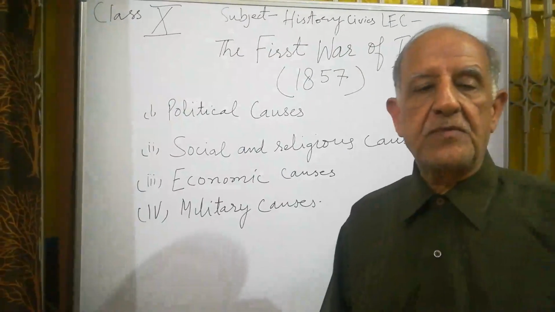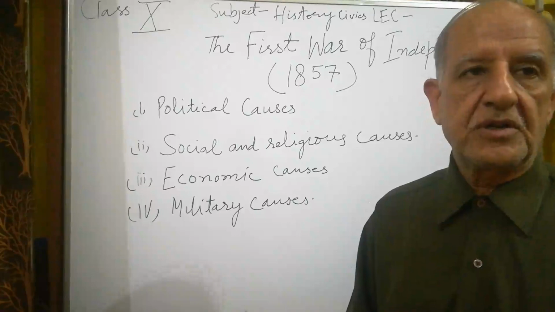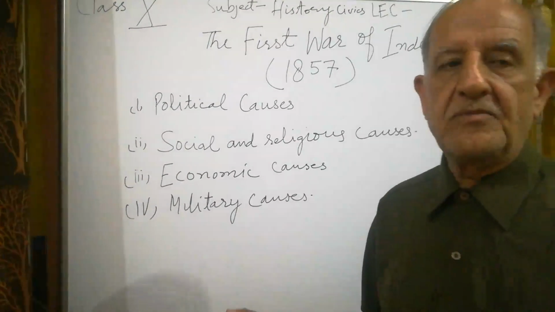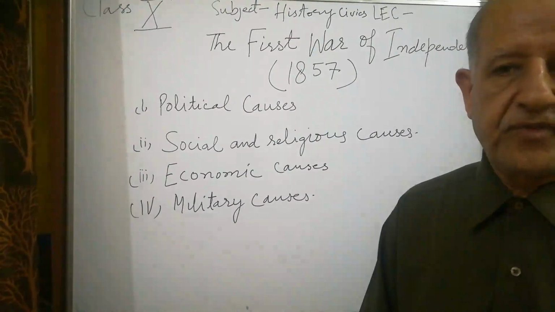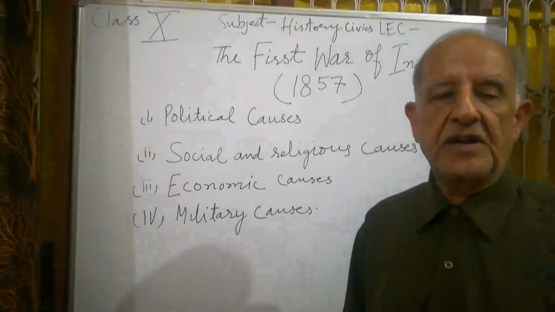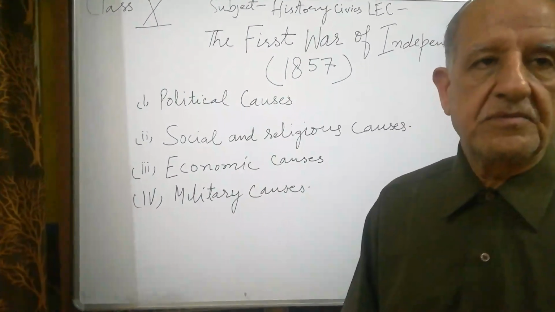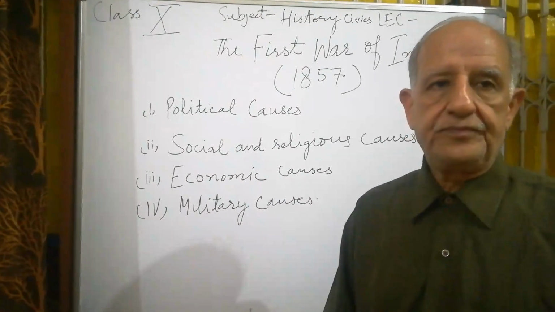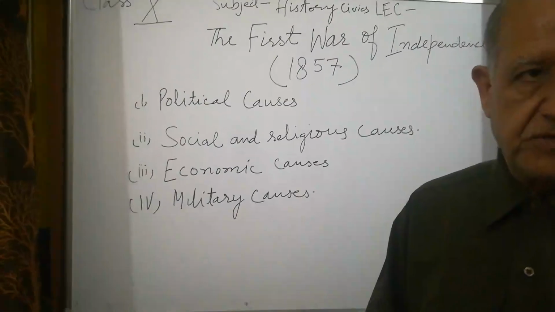And the goods which were being brought from Britain, no tax was imposed on them. So they became cheap compared with the goods which were manufactured in India. As a result, it destroyed our handicrafts, our industries.